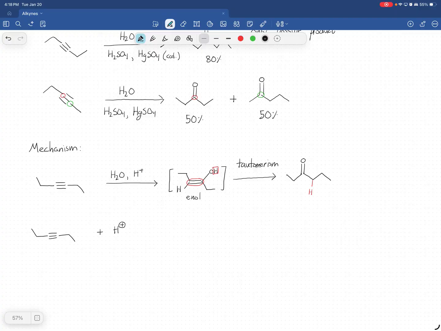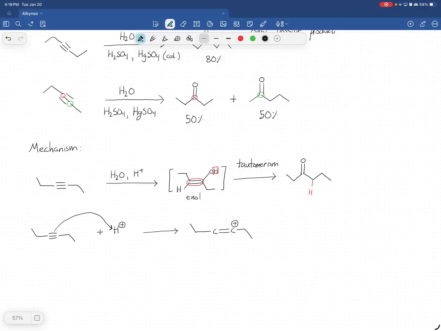So what do you think the alkyne is going to do to this free-flowing acidic hydrogen? It's going to pick it up like so right here. When you do that, you will generate your carbocation, and it doesn't matter which carbon you bond it to. I'll just draw these carbons here to show where the hydrogen is going.